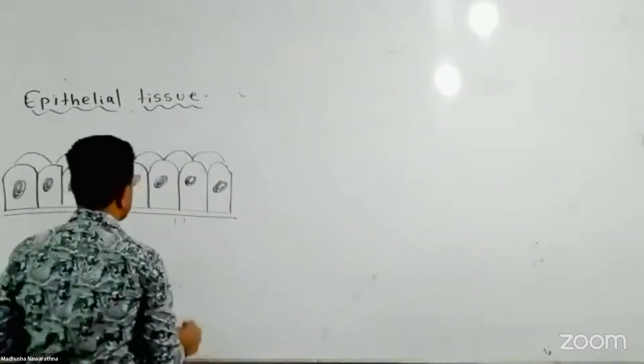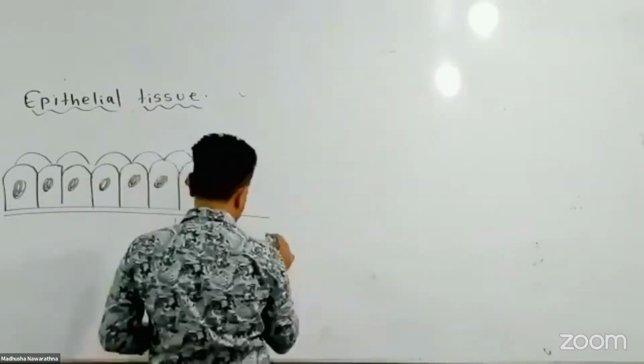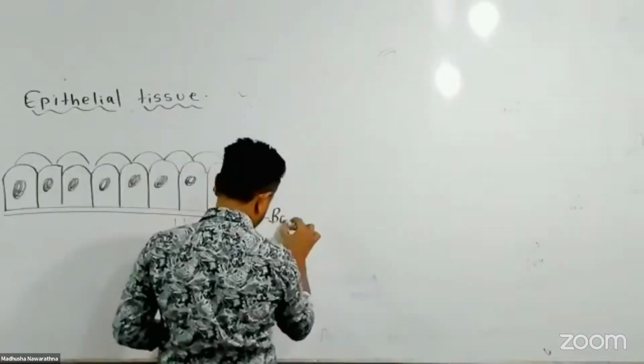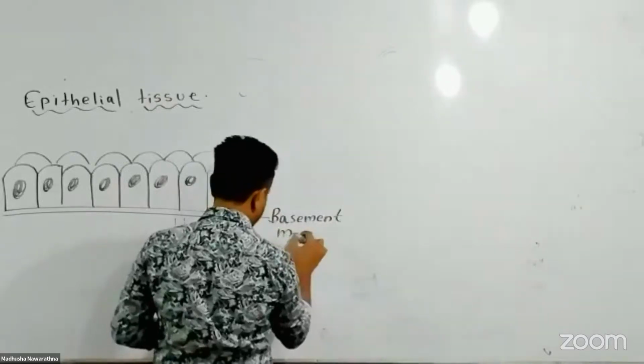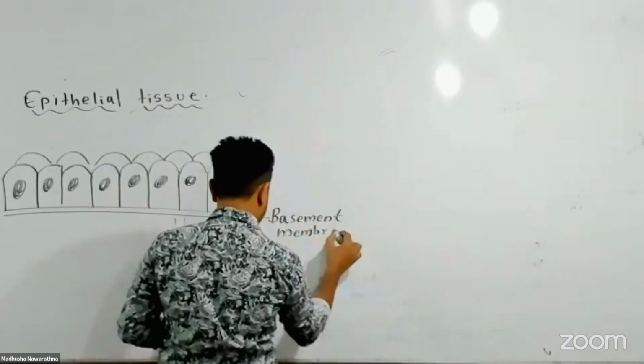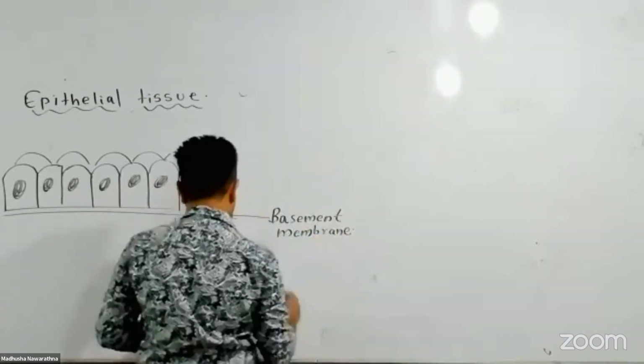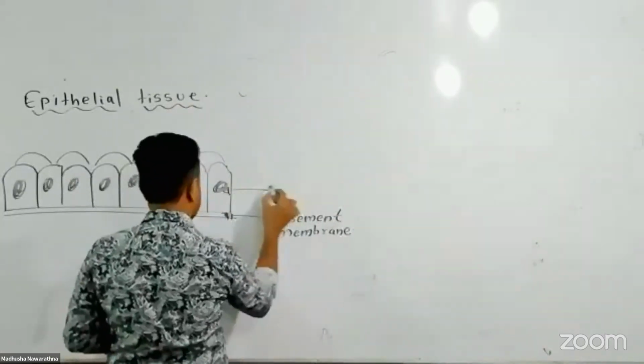Right, draw this diagram. At the very bottom is the basement membrane. And here you can observe the nucleus.